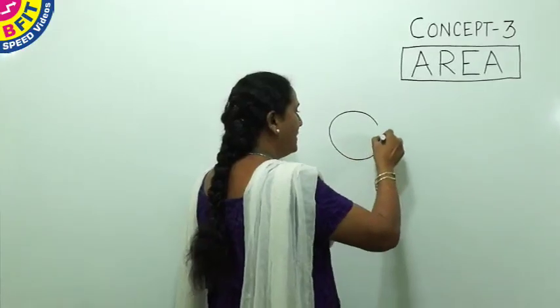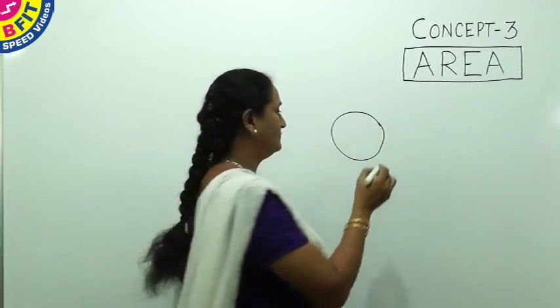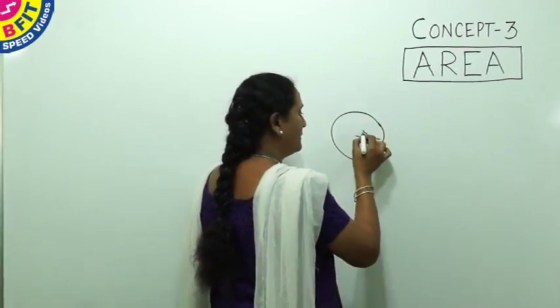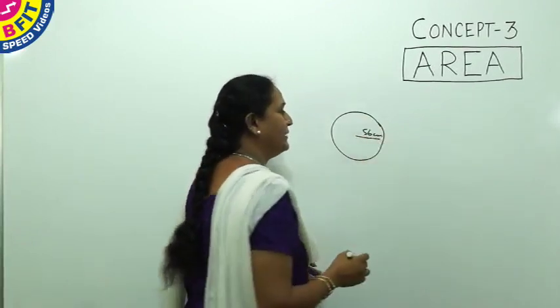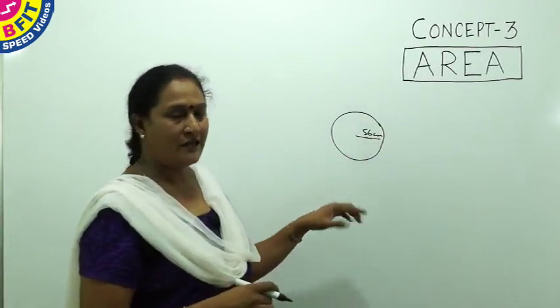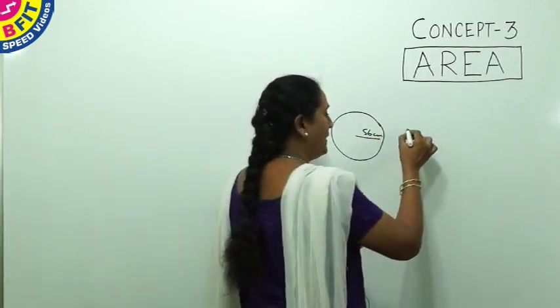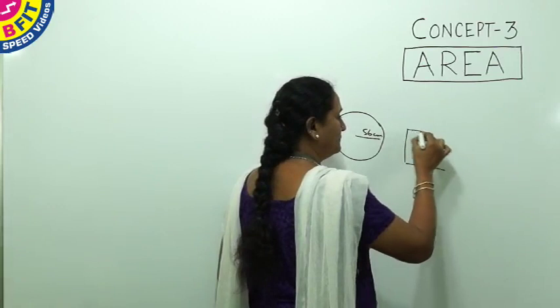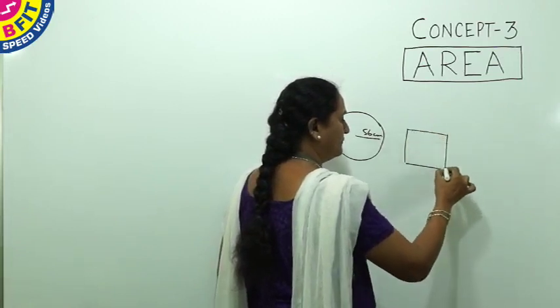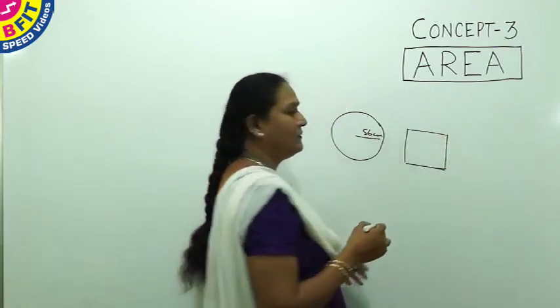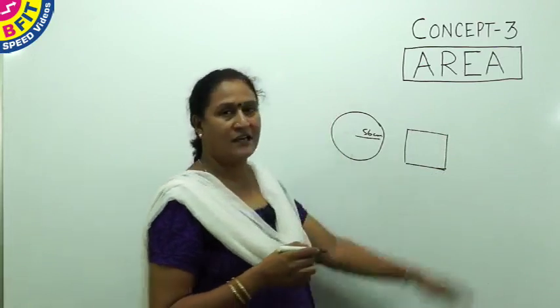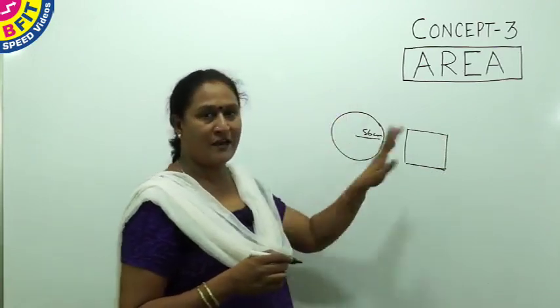A wire is bent in the form of a circle and the radius of the circle is 56 centimeter. This length of wire is opened and made to form a square. Now what is the relation between this circle and the square? The length of the wire is the same.